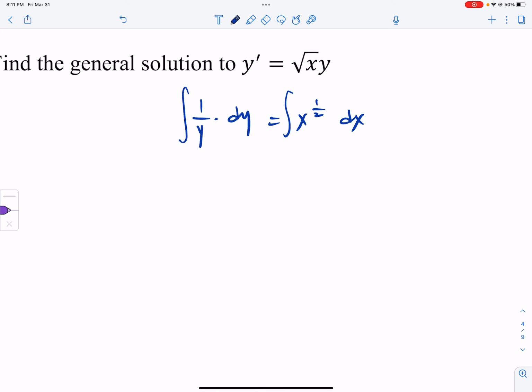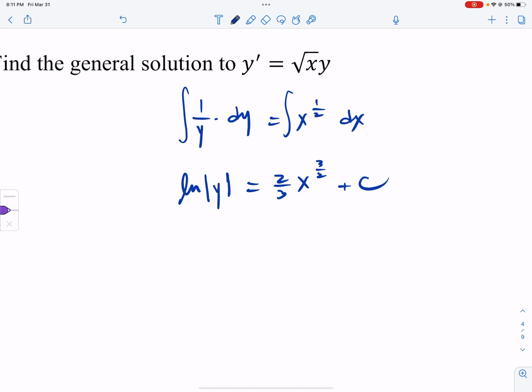Now when we integrate 1 over y, that's natural log of absolute value of y. And this is where it gets a little bit tricky. And then what that'll end up being is 2/3 x to the 3/2 plus c. Now, this is technically the general solution set.